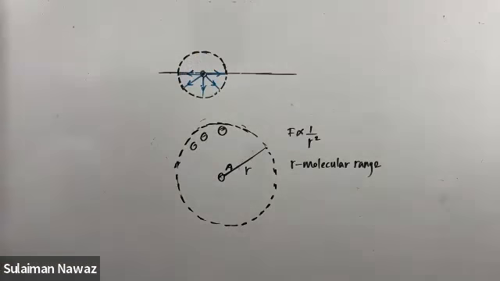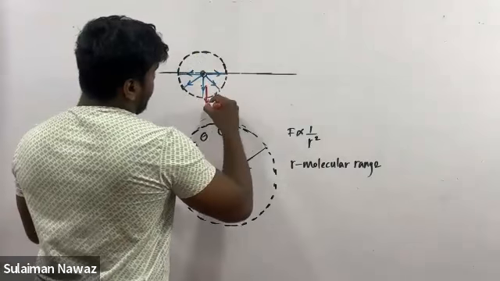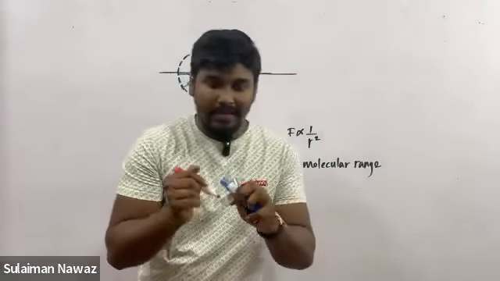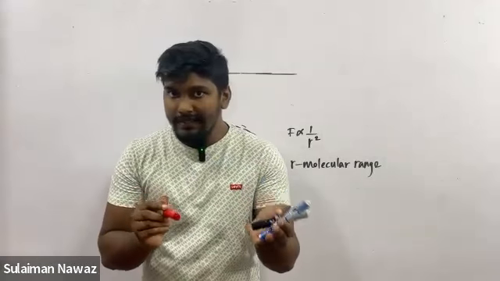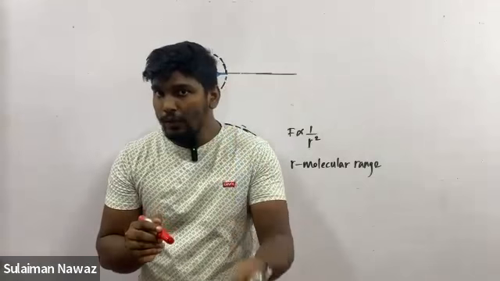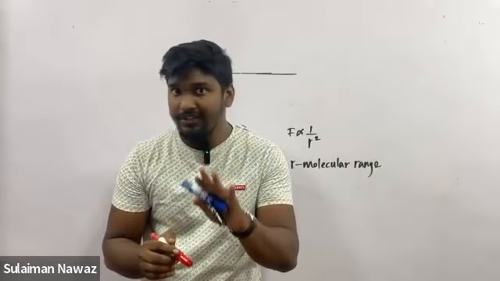So the summary is, liquid particles closer to the liquid surface undergo some kind of resultant attraction force in the downward direction.